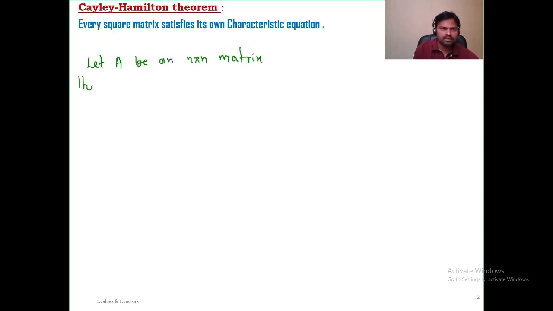Then its characteristic equation is determinant of A minus lambda I equal to 0. Equal to 0, that's why it is a characteristic equation. If it is just the determinant of A minus lambda I, it is called the characteristic polynomial.